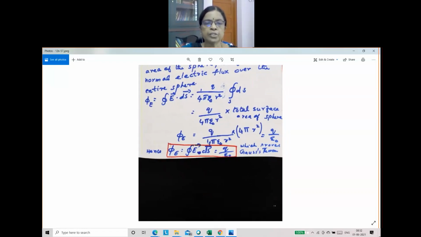So 4 pi r square gets cancelled and we get q by epsilon 0. So the total flux phi E is equal to the integral over the closed surface S of E dot ds, which is q by epsilon 0, which proves Gauss's theorem.